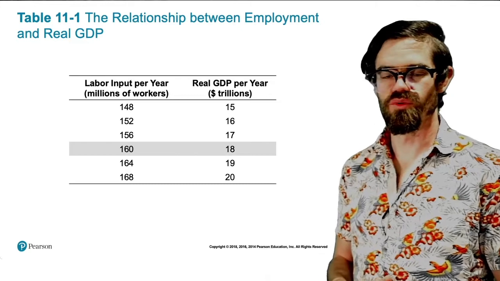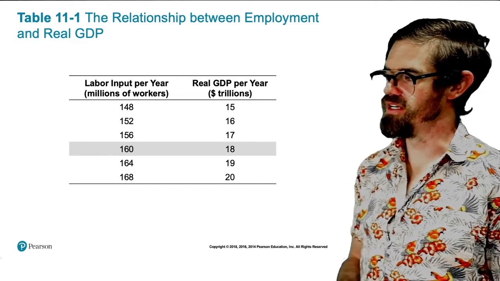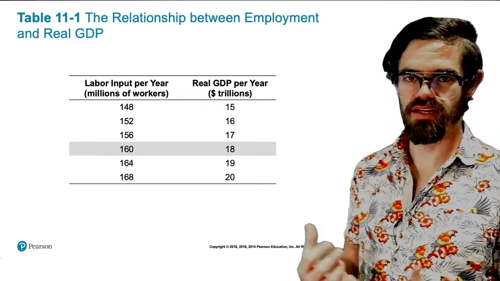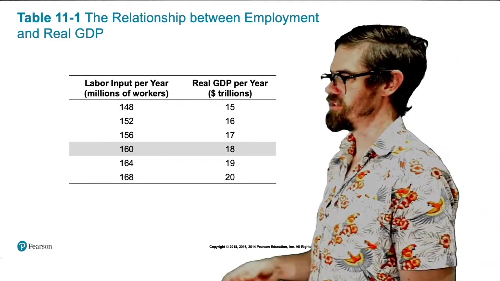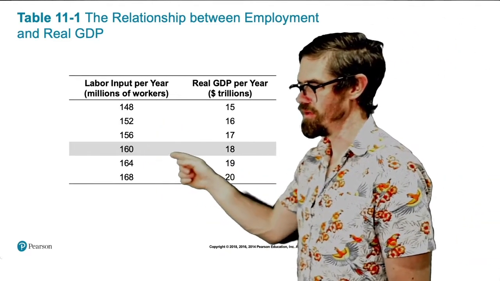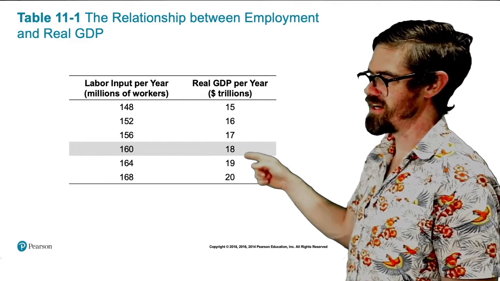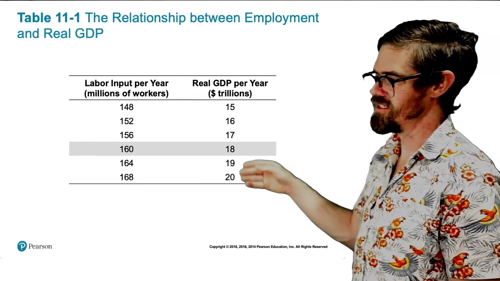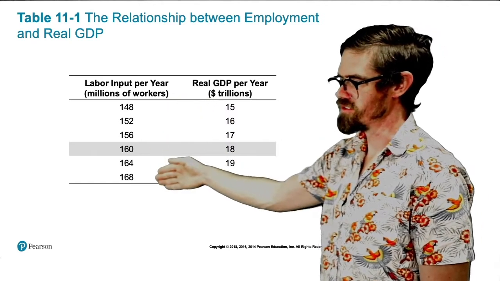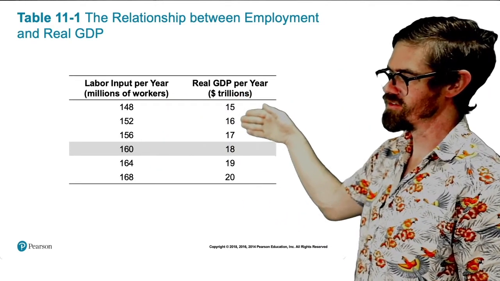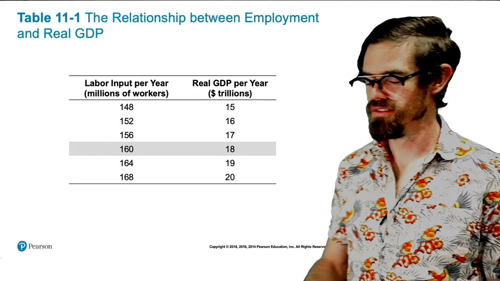One other thing that's important for us to know is the relationship between employment and real GDP, and there is a direct relationship there. So if there are more people employed, the economy produces more in terms of the value of goods and services. So more workers leads to an increase in GDP.